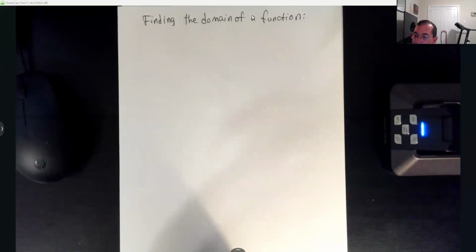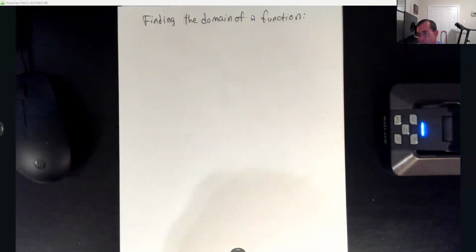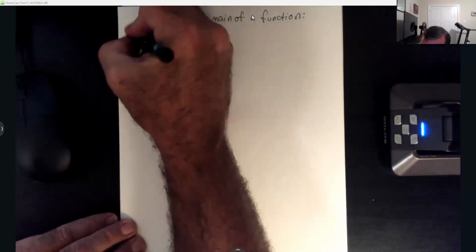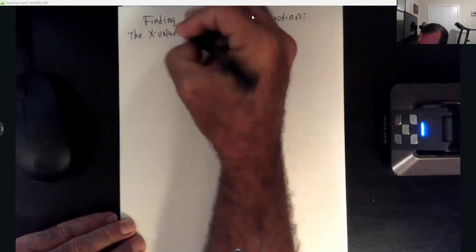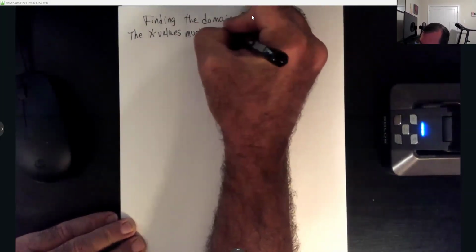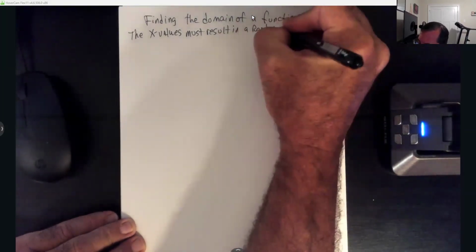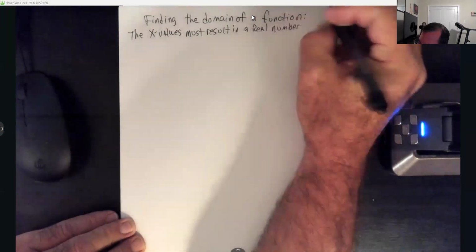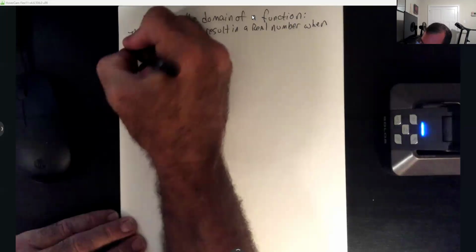All the x values that are in my domain have to give me a real number when I plug them into the function, okay? So the x values must result in a real number when put into the function.